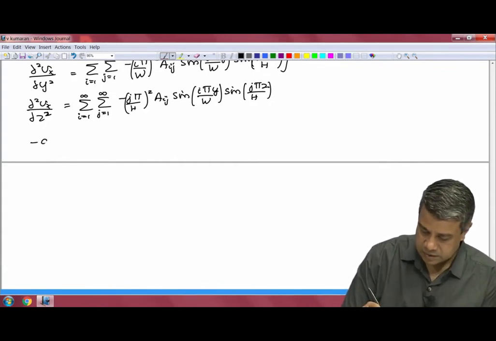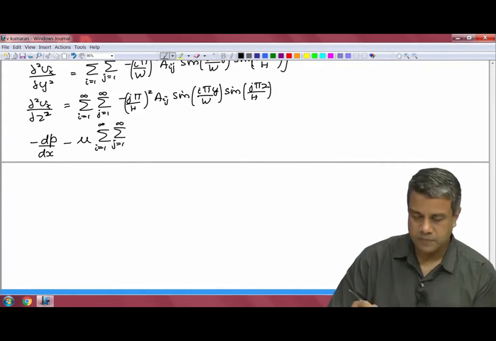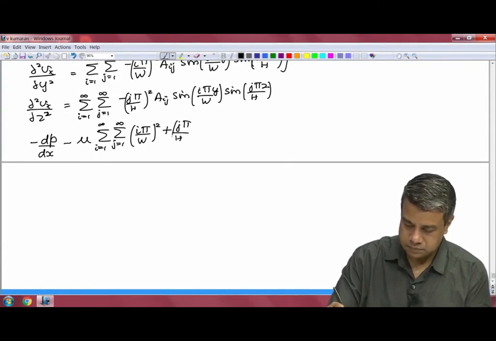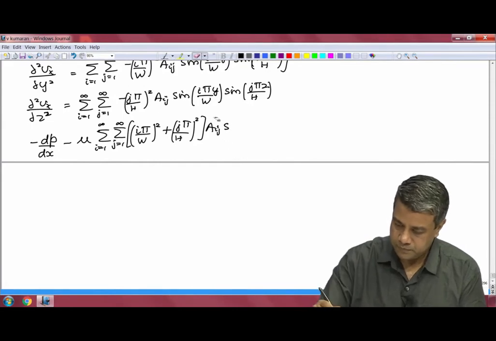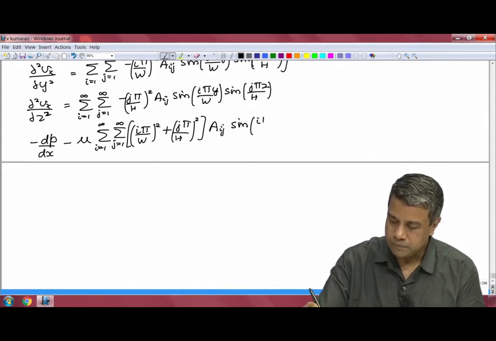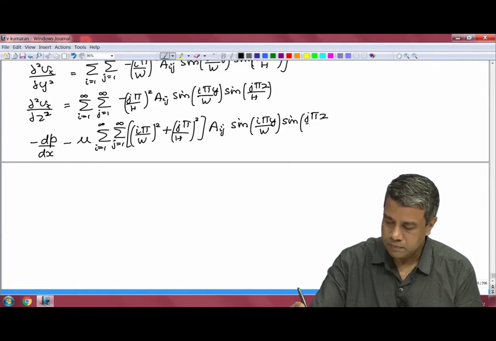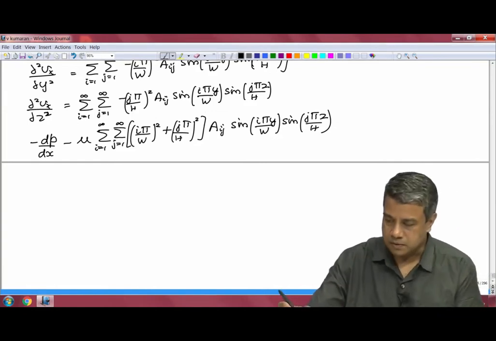So, I will get minus dp by dx minus mu, and so on, whole square, and this has to be equal to 0.